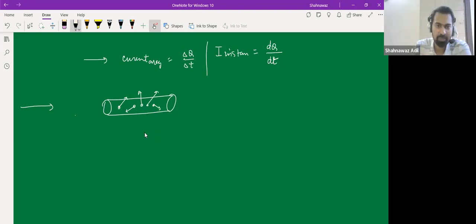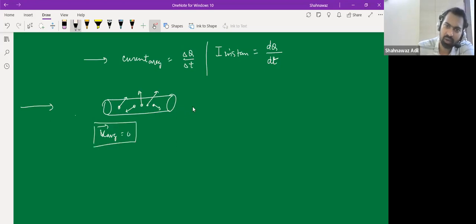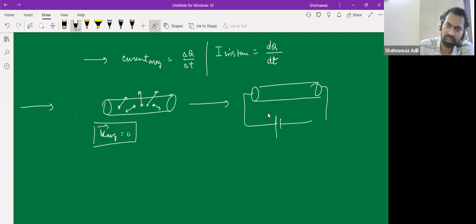So their average speed was zero. Then we applied some external field, so we joined this to a battery. Then the current flows this way, which means electrons are flowing the other way.